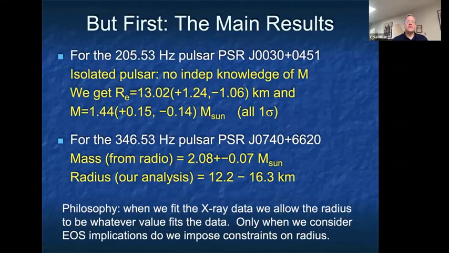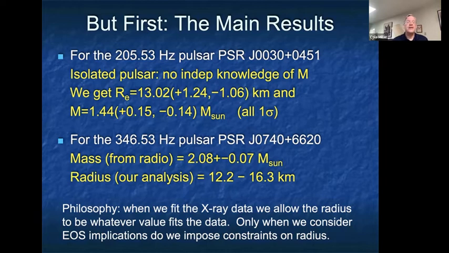Now, first, I want to remind you of the results that we got for the two pulsars published from NICER observations. So we started with a solitary pulsar, J0030, rotating at about 200 hertz. The fact that this is not in a binary means that we lack additional information about, say, the mass or the observer inclination.